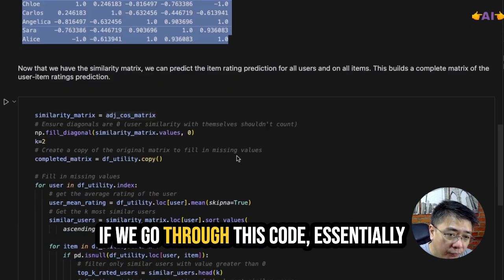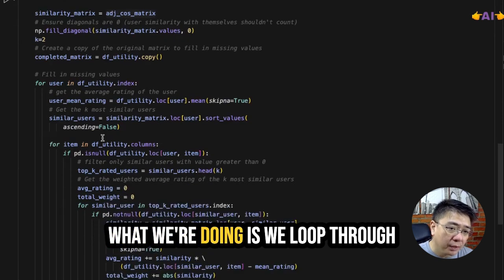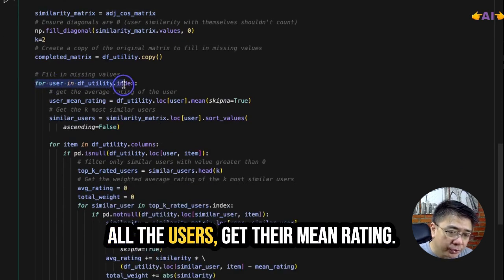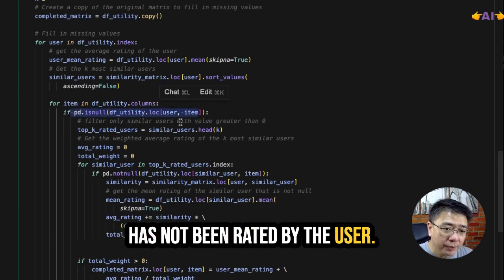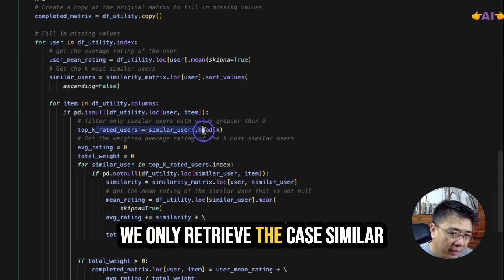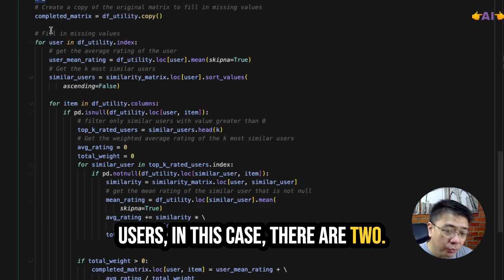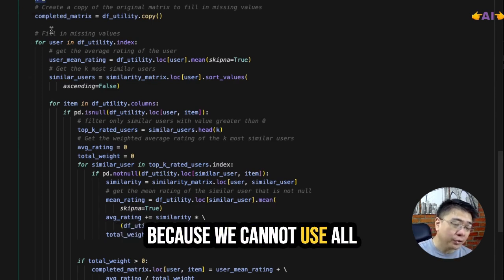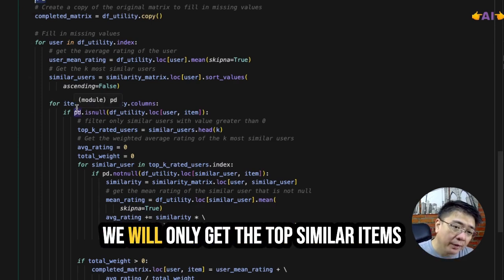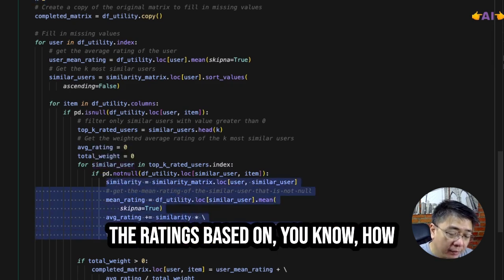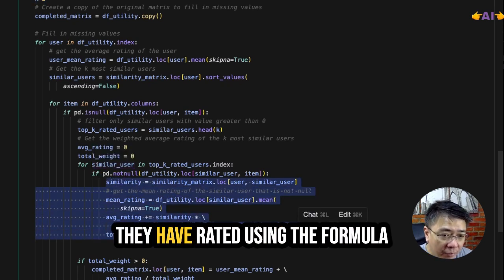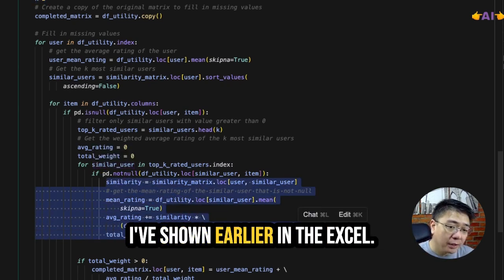So if we go through this code, essentially what we're doing is we loop through all the users, get their mean rating, and loop through all the items that have not been rated by the user. We only retrieve the k-similar users. In this case, there are 2. So we'll only retrieve 2 because we cannot use all, because some are not similar. We will only get the top similar items and predict the ratings based on how they have rated, using the formula I've shown earlier in Excel.